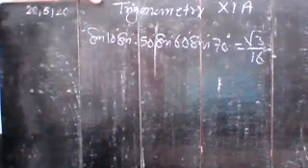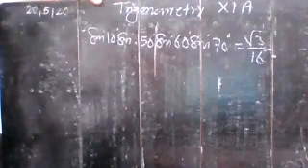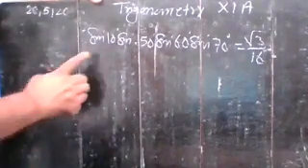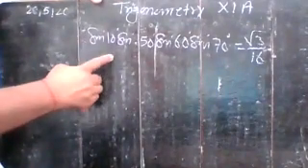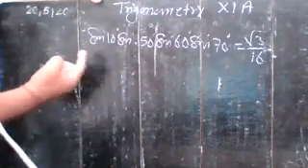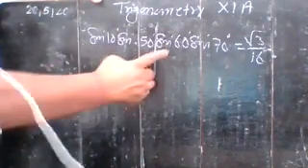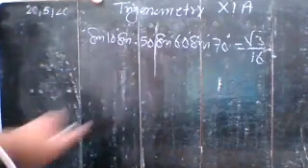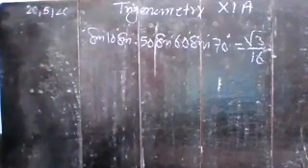Understand? So how do you prove such a type of question? First of all, you take the left side. You well know the value of sine 60 degrees, which is root 3 by 2, no doubt.